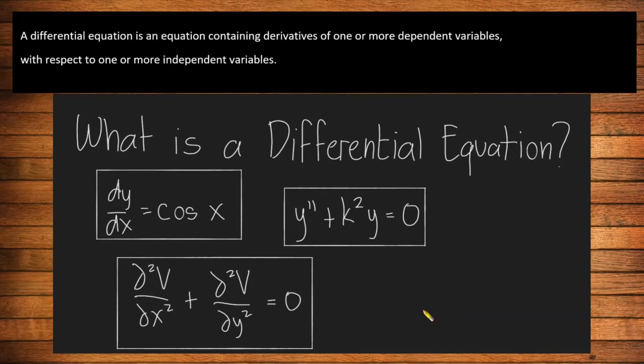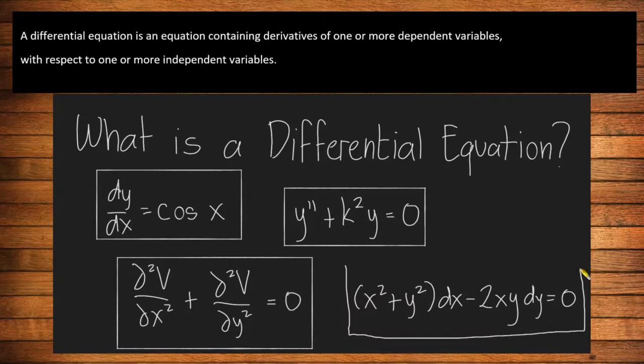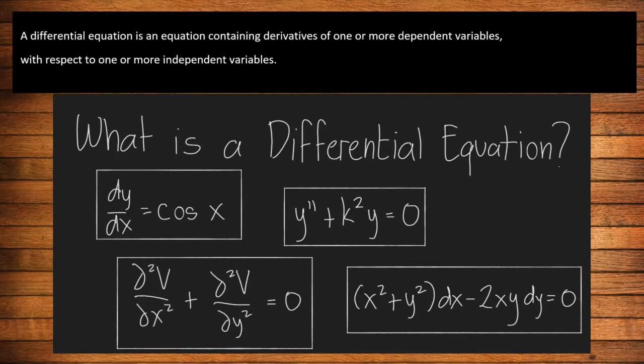So last example, we have (x squared plus y squared) dx minus 2xy dy equal to 0. Okay, so that is also an example of a differential equation. Okay, so napakadali lang i-identify kung yung equation ba natin is a differential equation. Basically, titingnan mo lang kung meron kayong derivative.